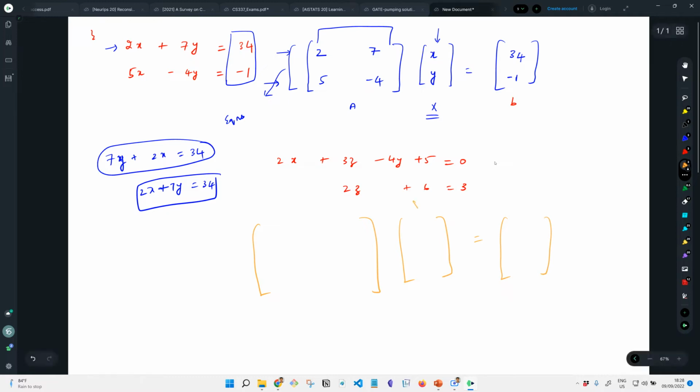So can somebody tell me what you will put in this vector here? 0 and 3. 0 and 3 will go into b, right? What will come into the vector corresponding to x, this capital X?